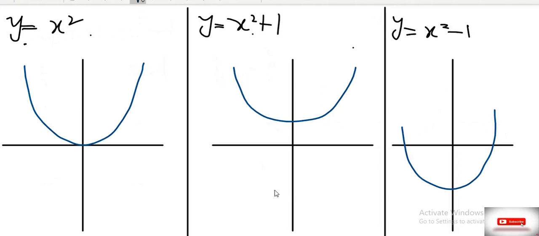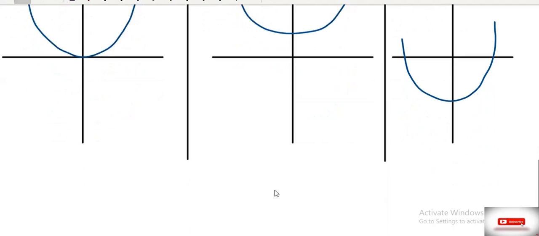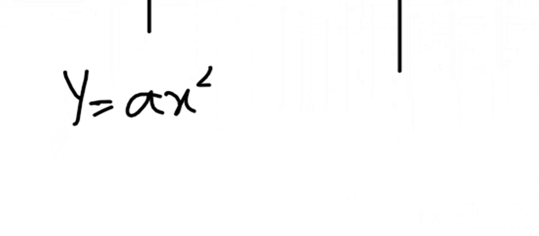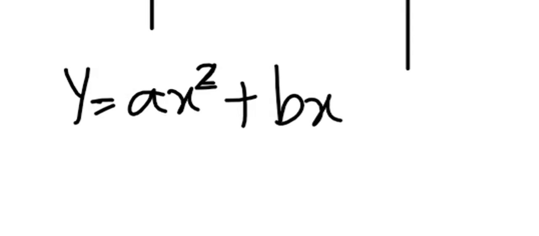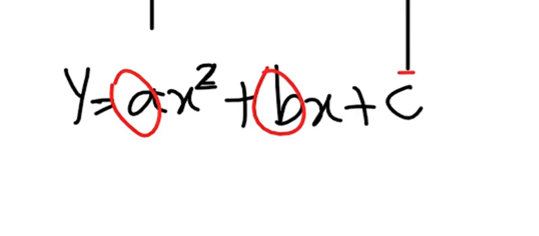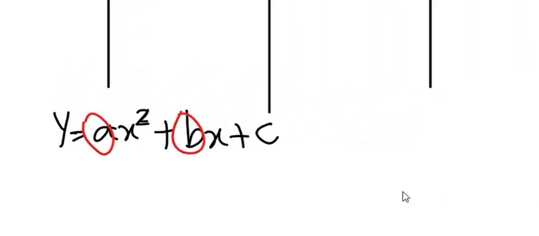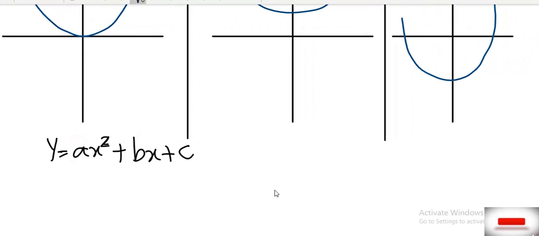These functions are quadratic functions, not linear functions. So what is the general form of a quadratic function? The general form is y = ax squared plus bx plus c, where a, b and c are numerical values. Do you remember how we calculate the roots of quadratic equations? The roots are the values of x for which the function equals 0.